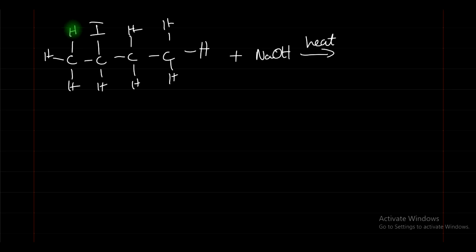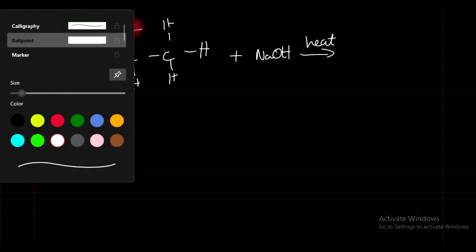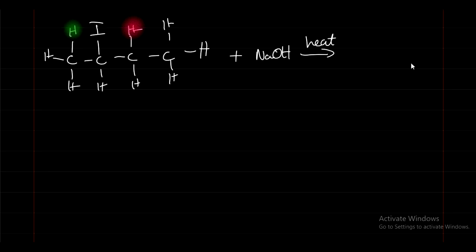I have a green one, I have the red one. Which one are we going to eliminate? The green one or the red one? So now we can have two products.